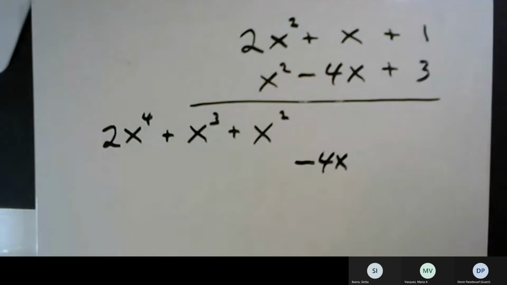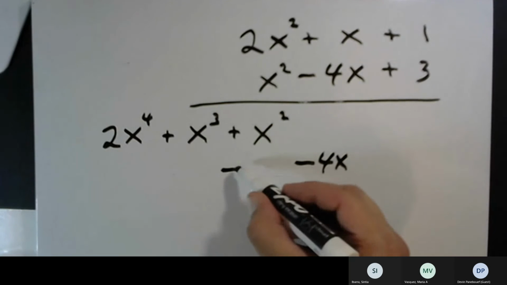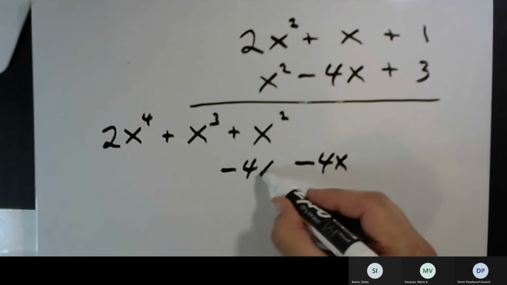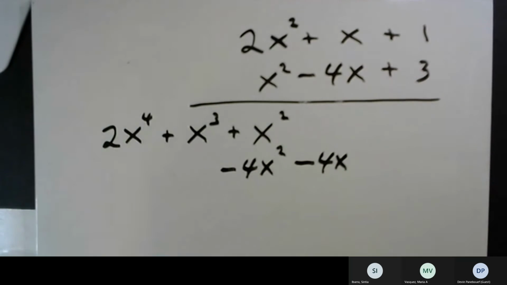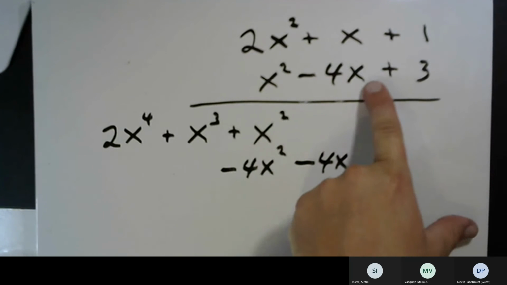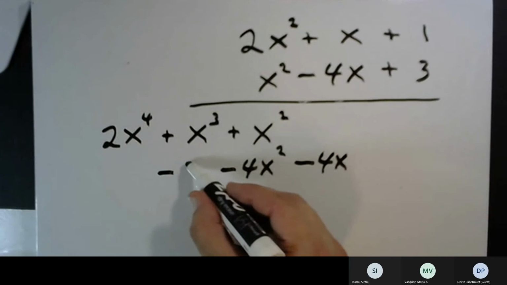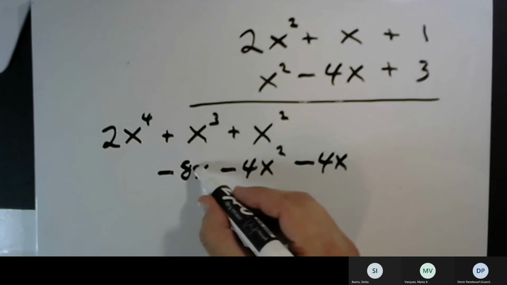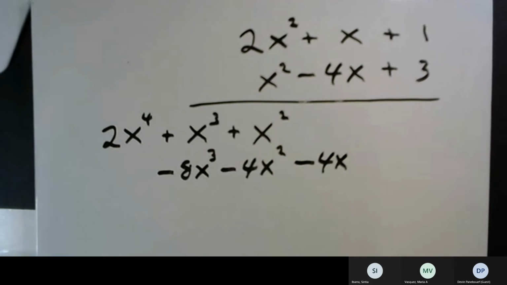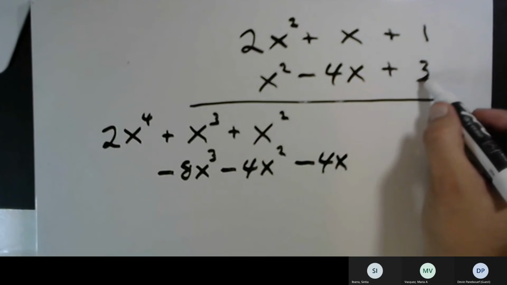Negative 4x times x, negative 4x squared, goes in the x squared column. The negative 4x times 2x squared is minus 8x cubed. And then we're done. Now let's go to the 3.